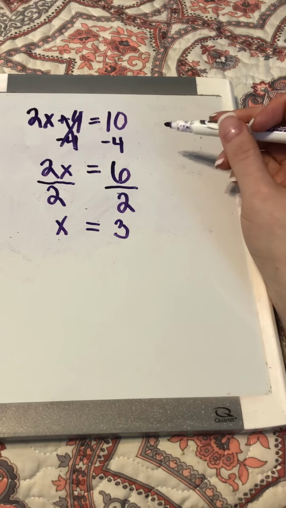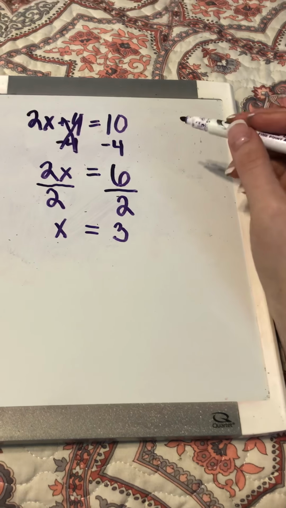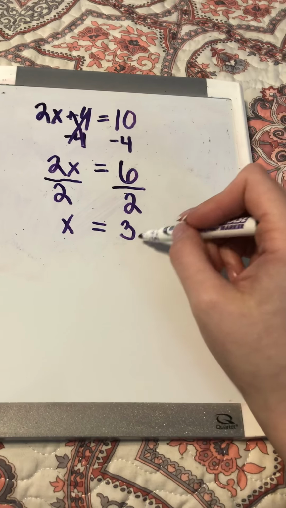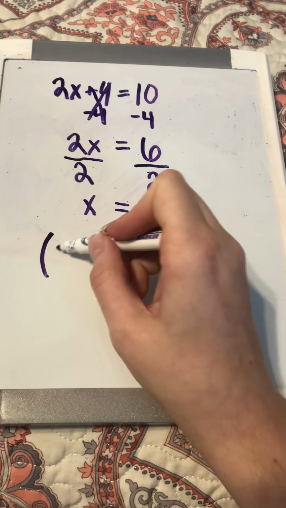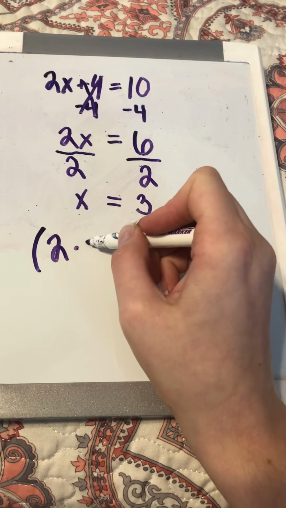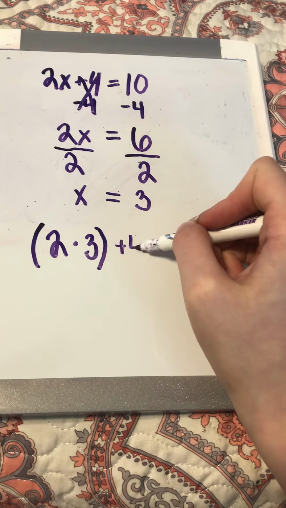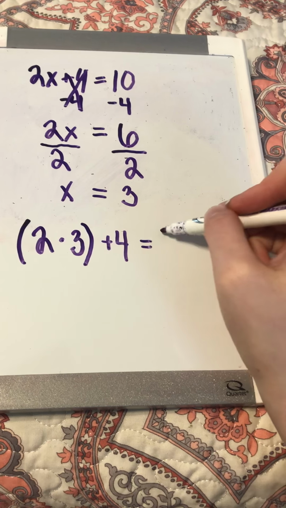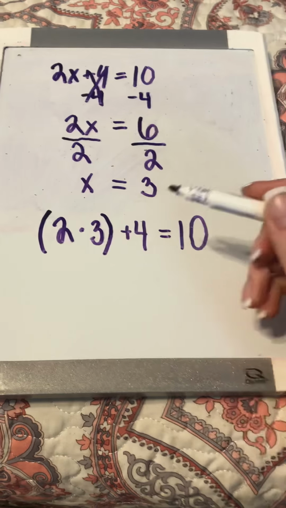In order to check your answer, you need to have your original problem. So you're going to plug 3 in for x into your original problem. So here's what you'd have. You'd have 2 times 3 plus 4 is equal to 10. And you know in your parentheses, you do what's in parentheses first.